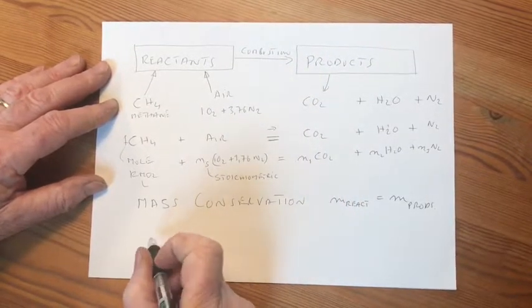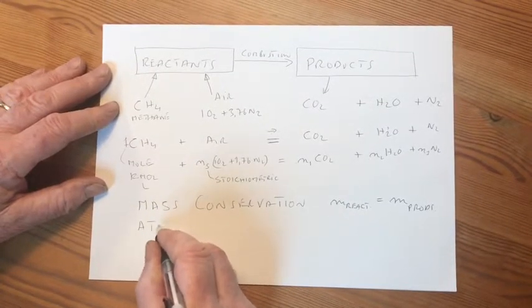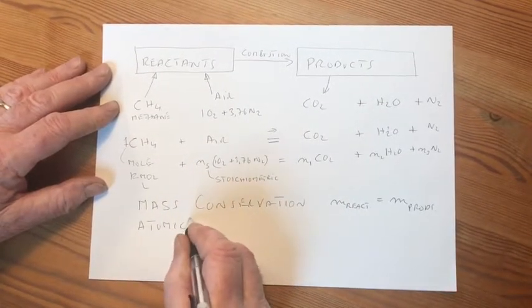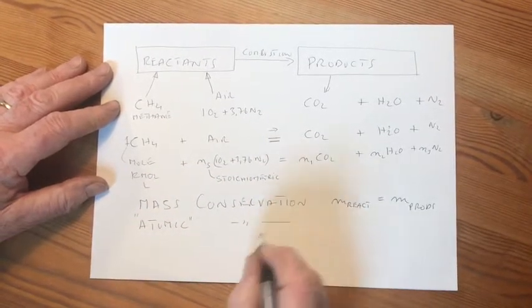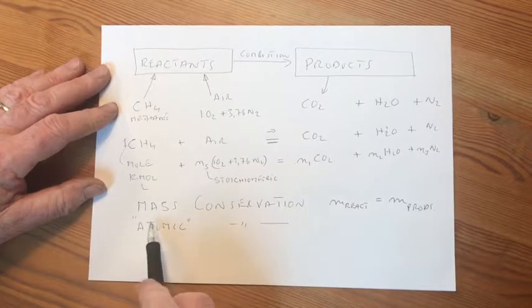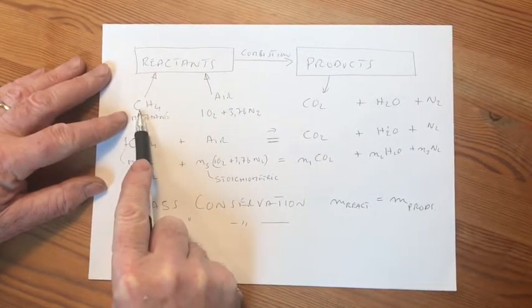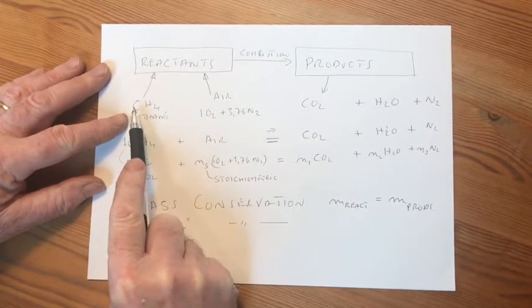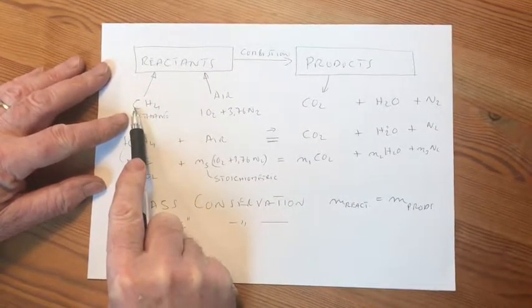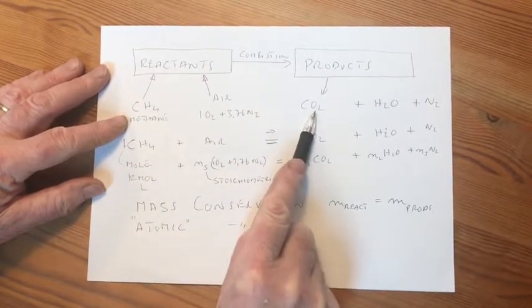Now, as a direct relationship to this, we have what I call the atomic conservation. And this simply means that if I have an atom in the reactants, like a carbon atom, I should be able to find the same number of carbon atoms on the other side in the products.